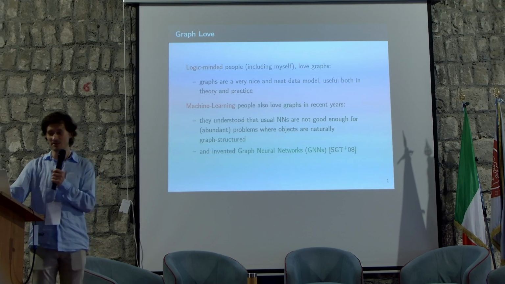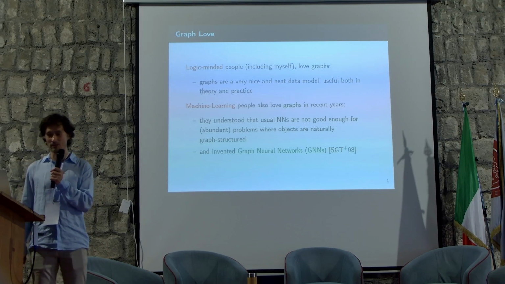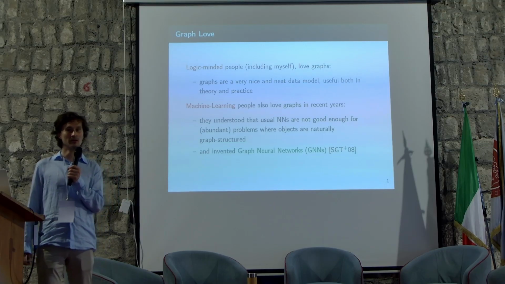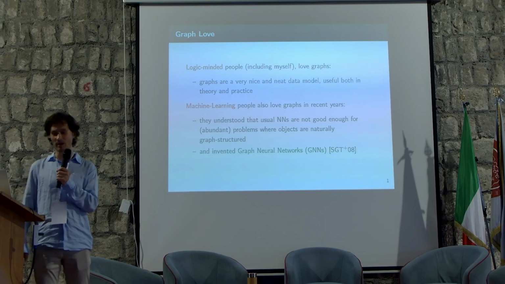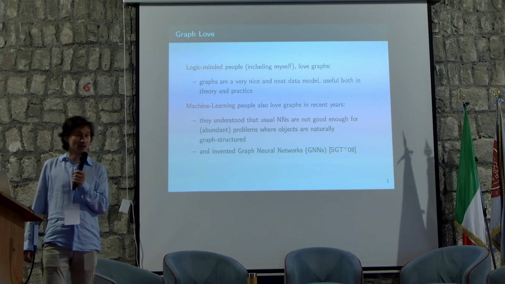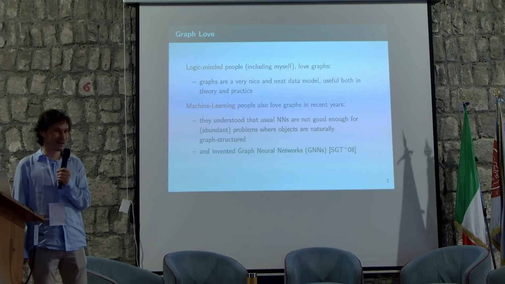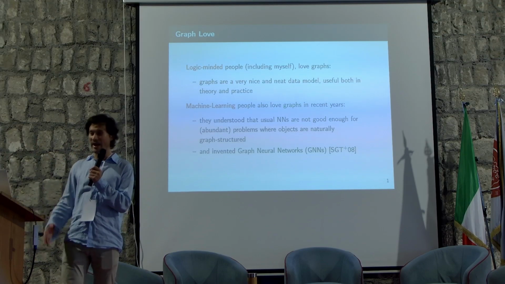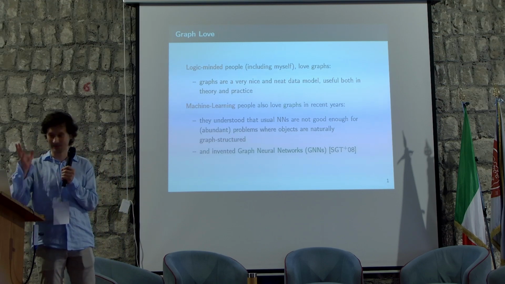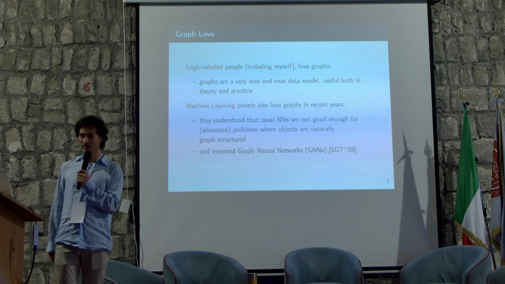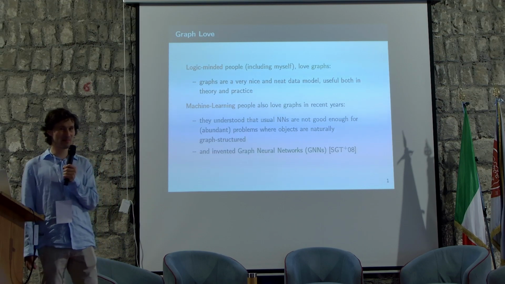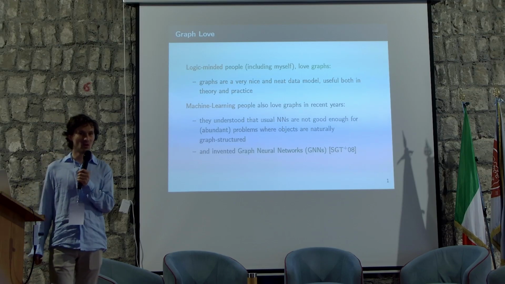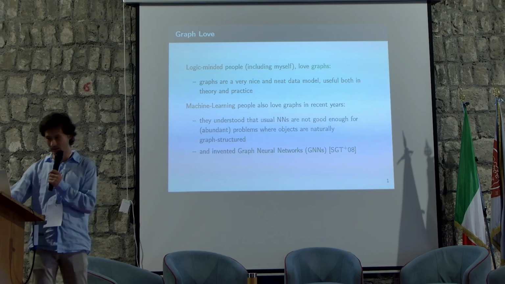They basically understood that usual neural networks are not good enough for many problems where objects are graphs, and they basically invented graph neural networks. Well, they were invented ages ago, in 2008, and there is a debate about who did it, but they became popular only less than 10 years ago.